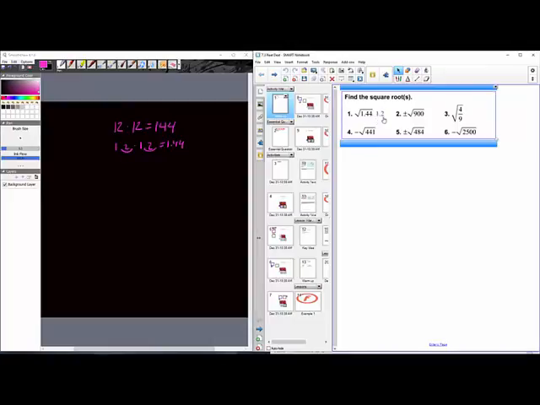And it's 1.2. This one here says plus or minus 900, so that would be a plus answer and a minus answer. In this case, it'd be plus 30 and minus 30. This one here, it's the square root of 4 is 2, and 9 is 3, so it's 2/3. This one here has a negative sign, so it'll be 441.